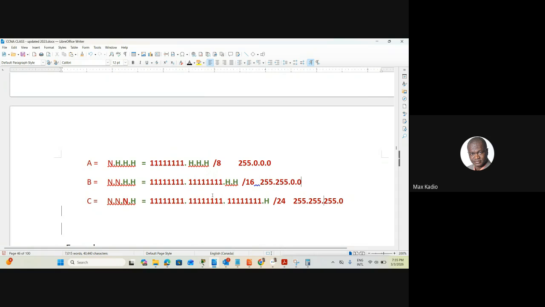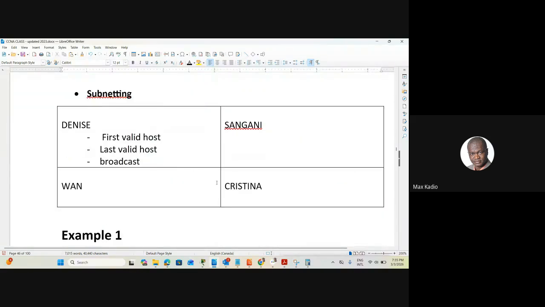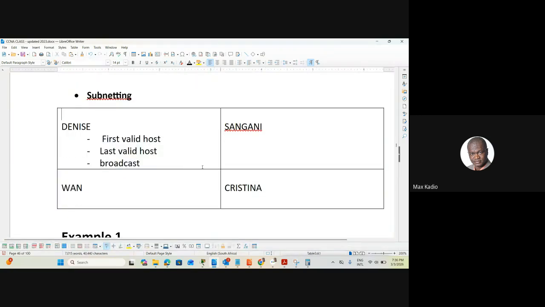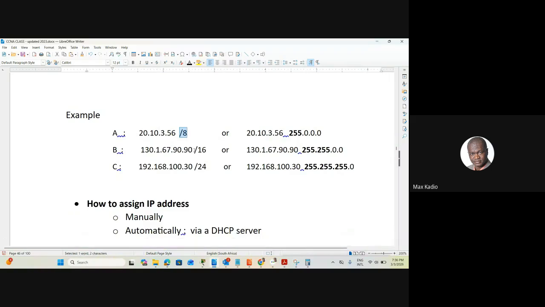If you have the default subnet mask, it means you have only one big room.